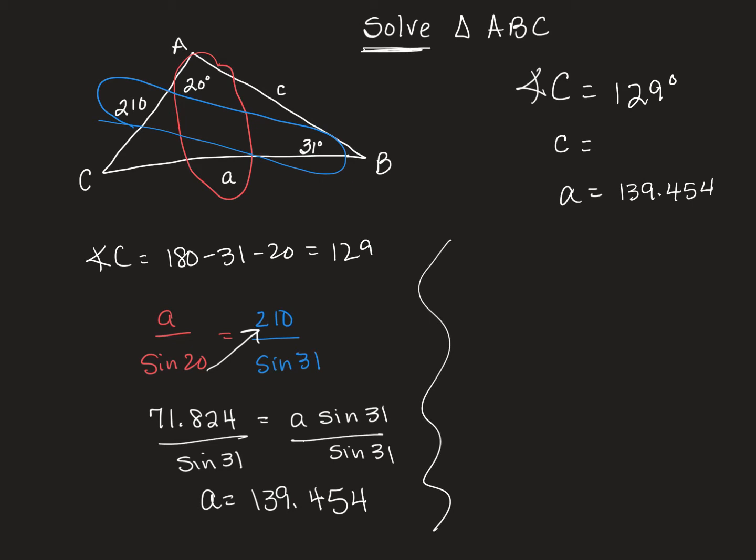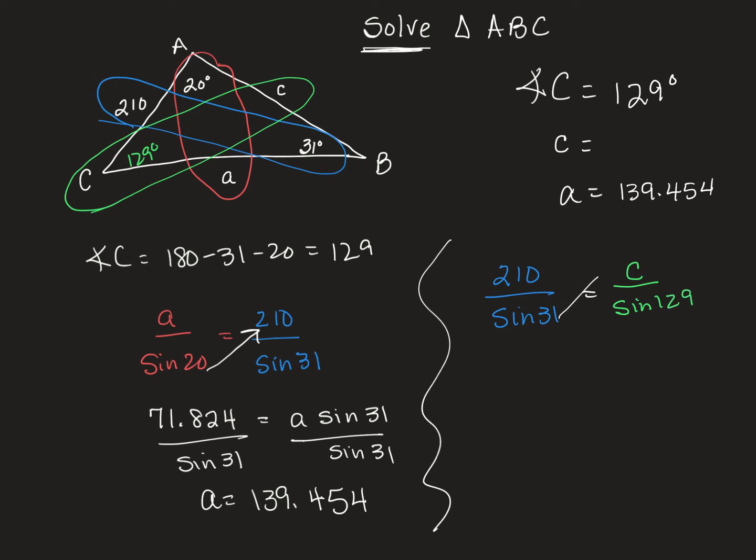Okay, so now we're going to do side C. We're going to take that B one again, right? So 210 over sine of 31, because it's already a nice full fraction, equals, and let's do C. Well, remember this was 129. We found that out. So this is going to be little c over sine of 129.